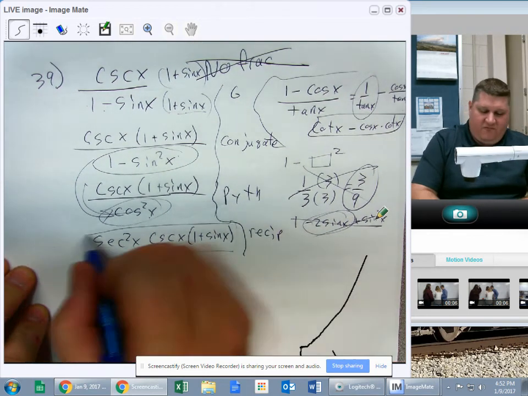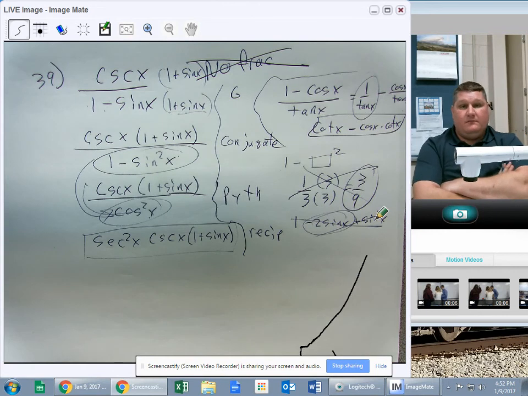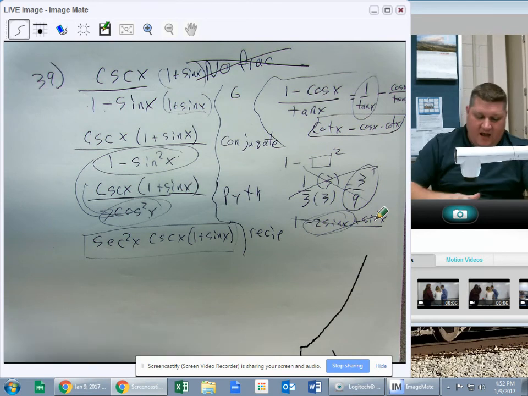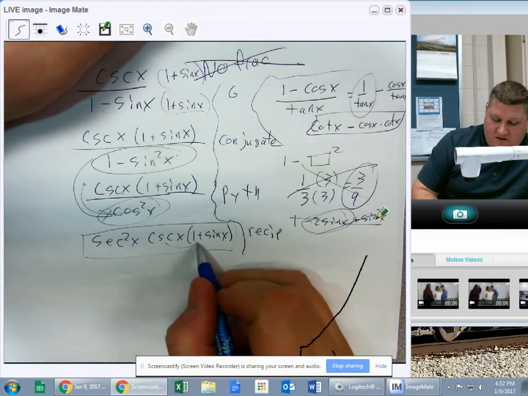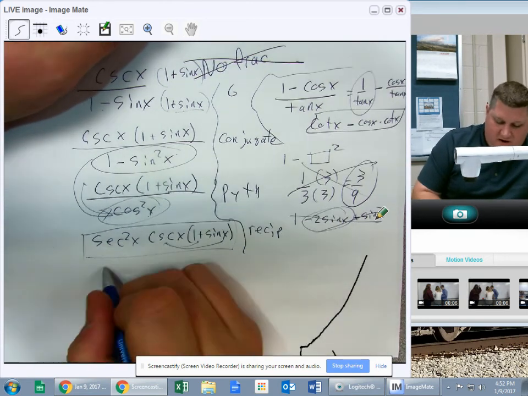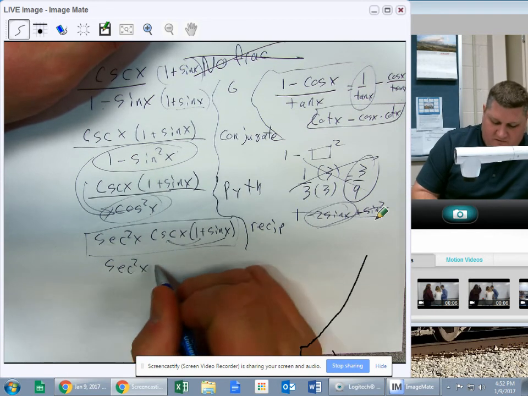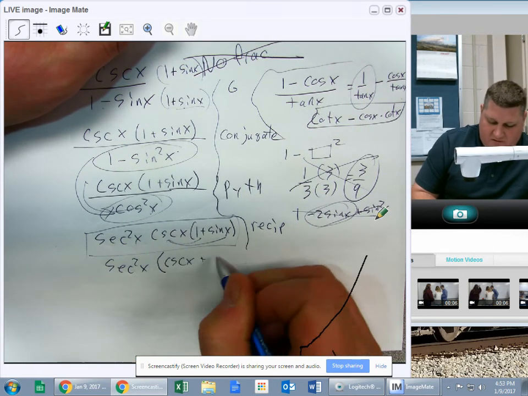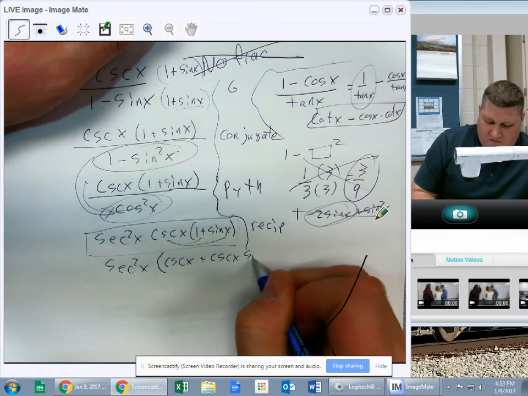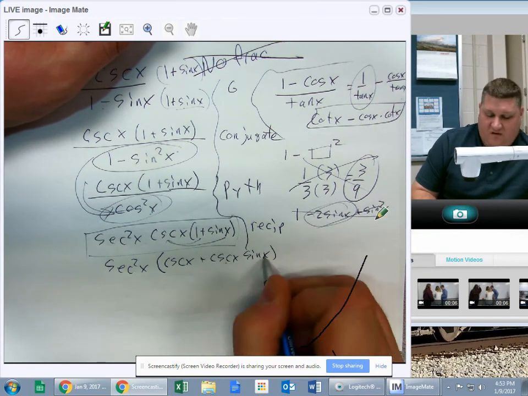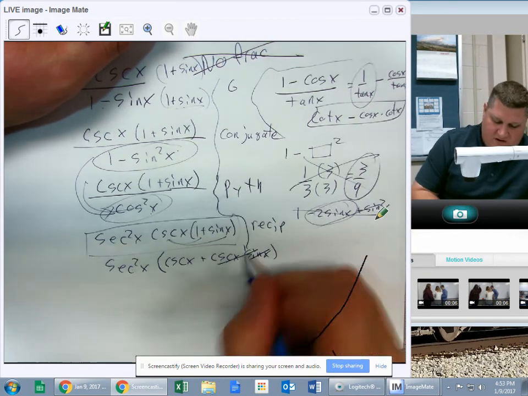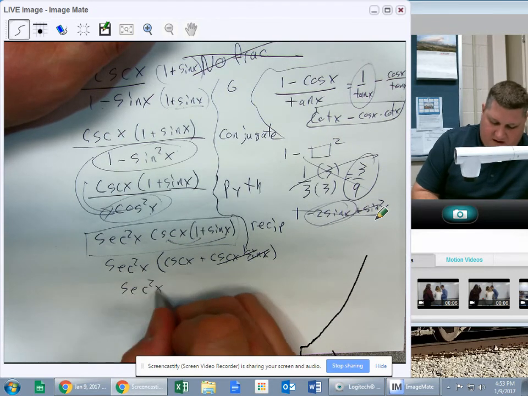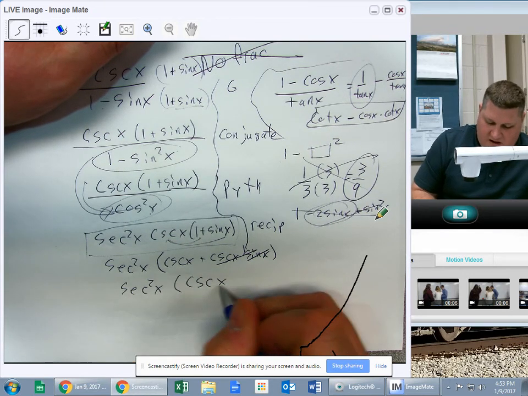And now I have no fractions, and technically I'm done. I don't like it because it's ugly. There's a whole bunch of nastiness in there. But I could eliminate some of the nasty by distributing, and I say secant squared x times cosecant x plus cosecant x sine x. Well, wait a minute, cosecant x sine x cancels, makes 1, so I have secant squared x times cosecant x plus 1.